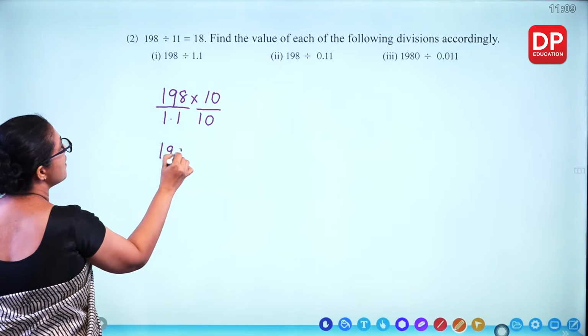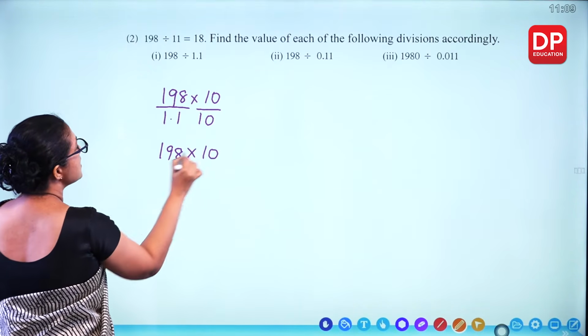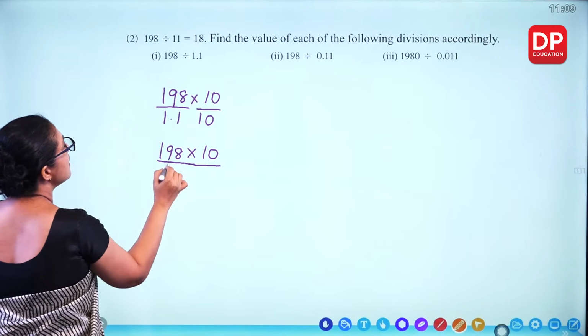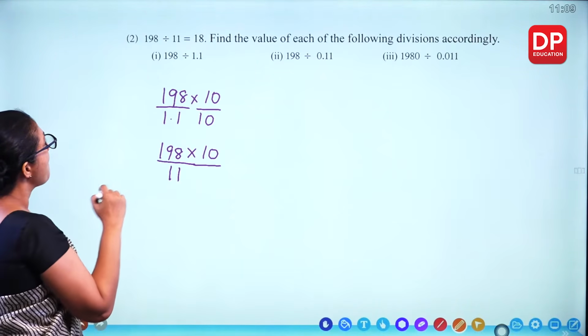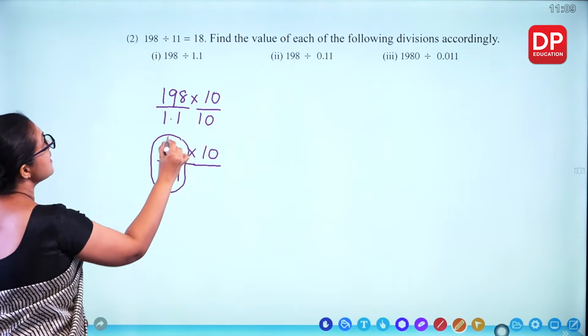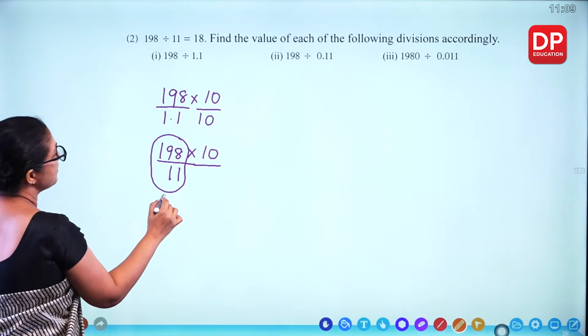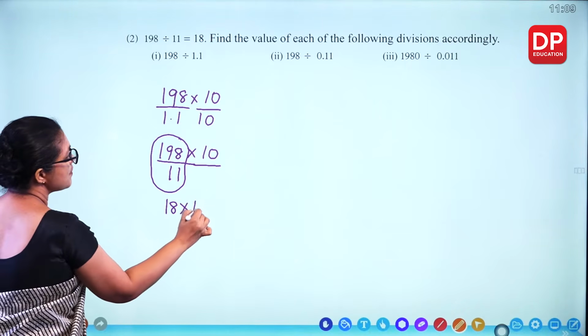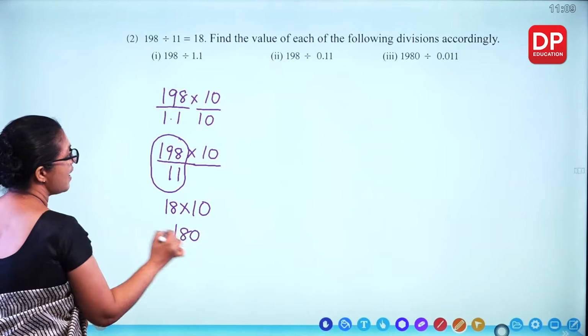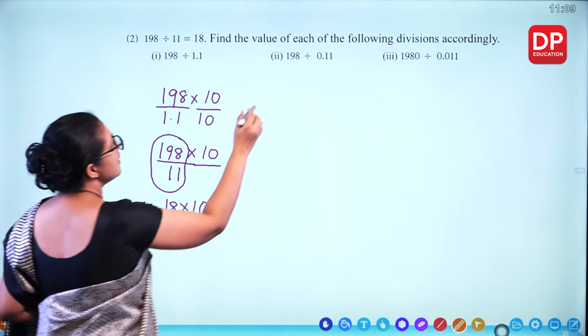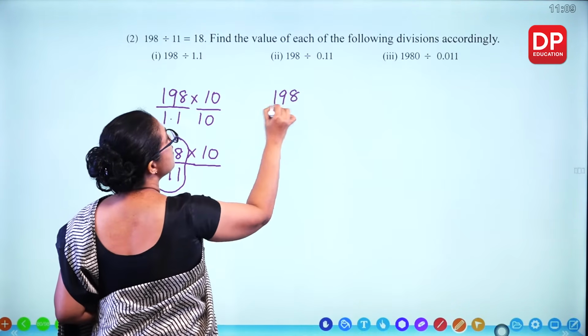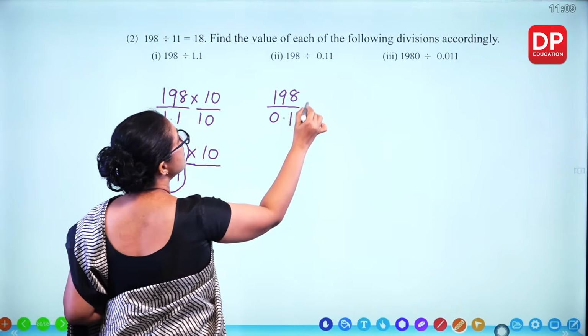You get 198 multiplied by 10 divided by 11. This answer is 18. So 18 times 10, you get 180. 198 divided by 0.11.